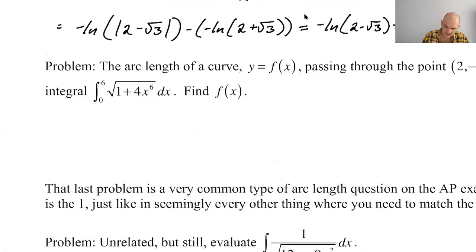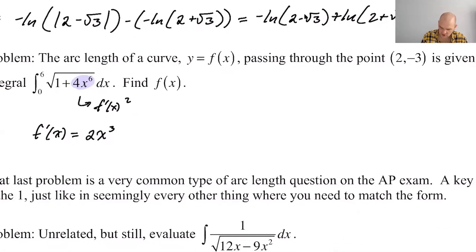Cool. All right. So this is f prime of x squared, right? So f prime of x should be 2x cubed. So if x is 2, no, passing through, okay, I don't even know.